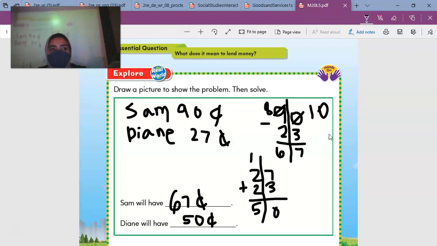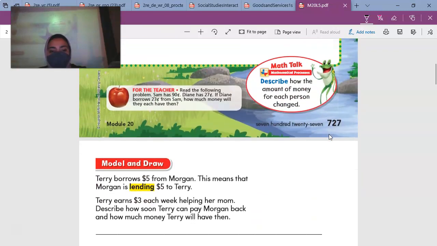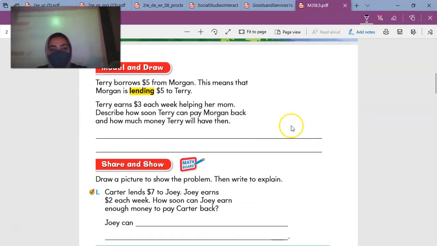Does anyone have any questions? Terry borrows $5 from Morgan. This means that Morgan is lending $5 to Terry. So lending means the person that's letting that person borrow. That's the lender, okay?